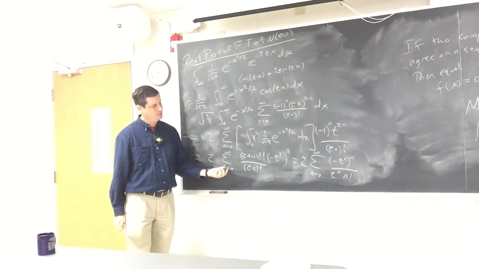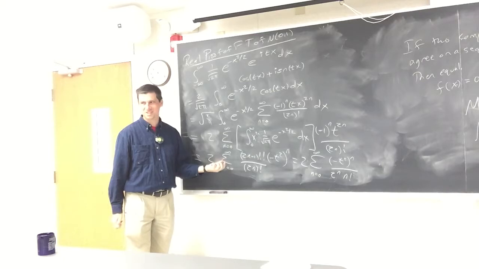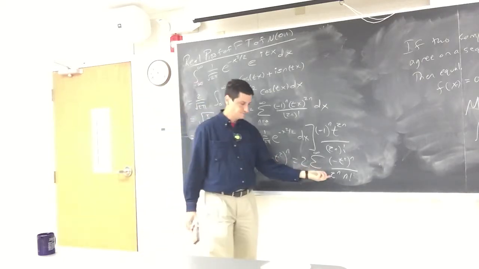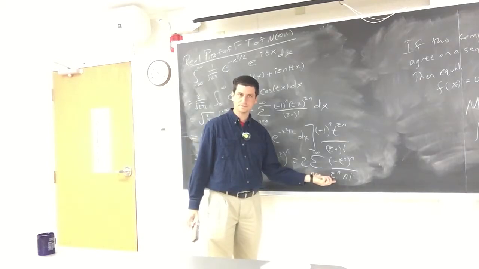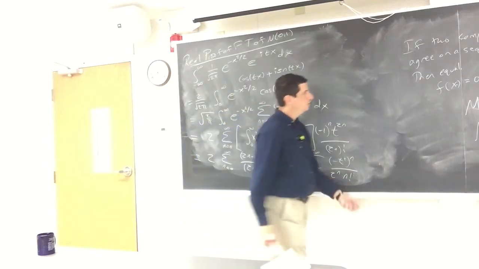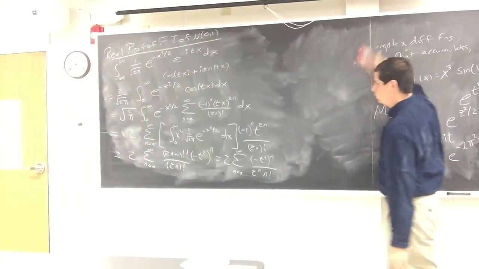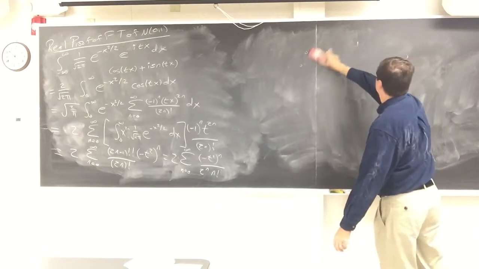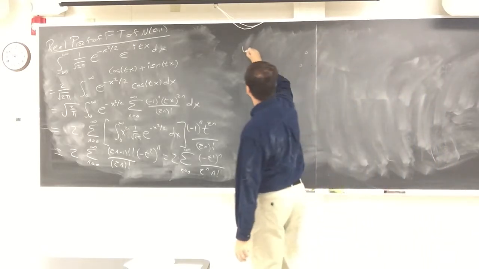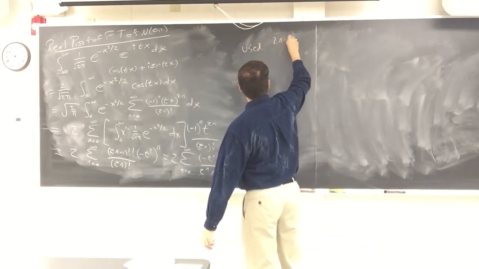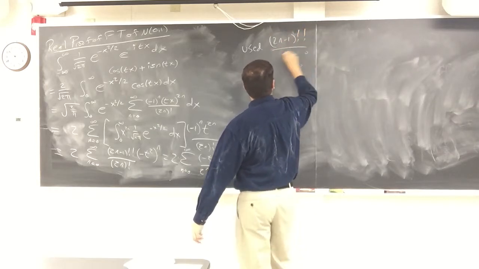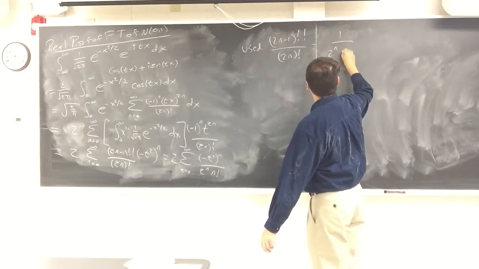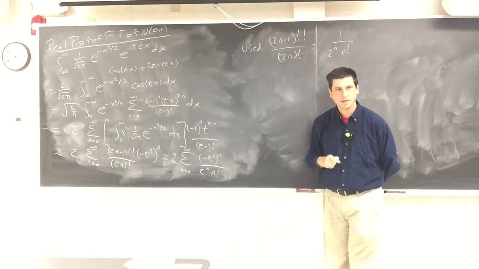Oh, but wait a minute. If I've got a 2 to the n, and I've got a negative t squared to the n, what should I do with that 2 to the n? How should I rewrite this? So I used 2n minus 1 double factorial over 2n factorial is 1 over 2 to the n factorial.